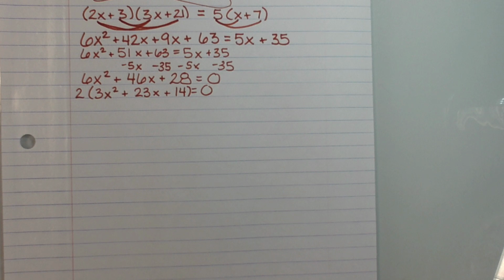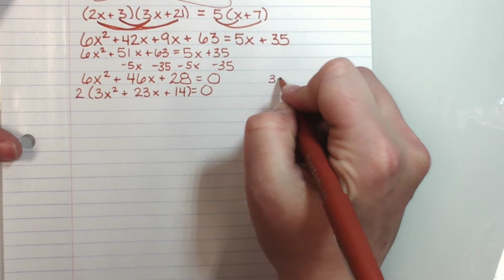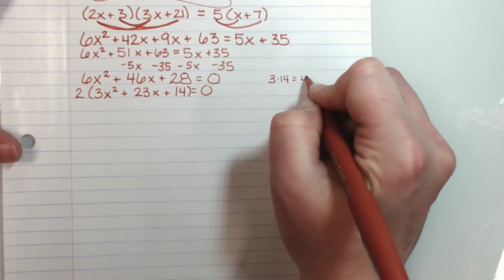Can I continue to factor? Can I do the AC method? Yes. 3 times 14 off to the side. It's 42.